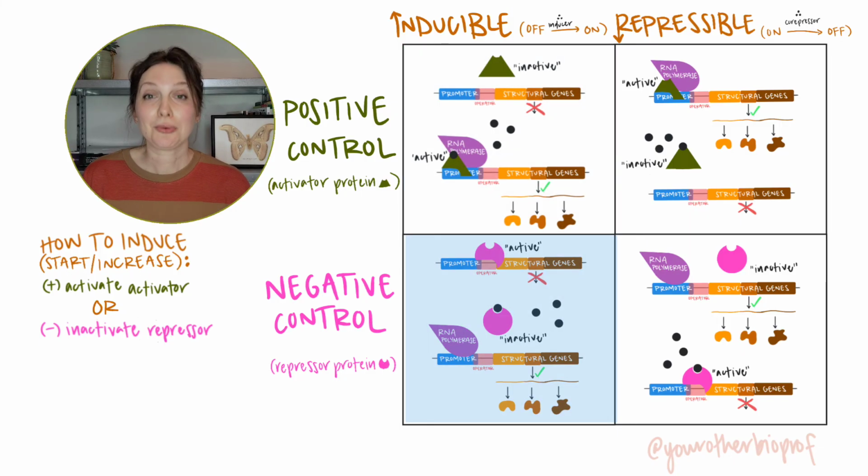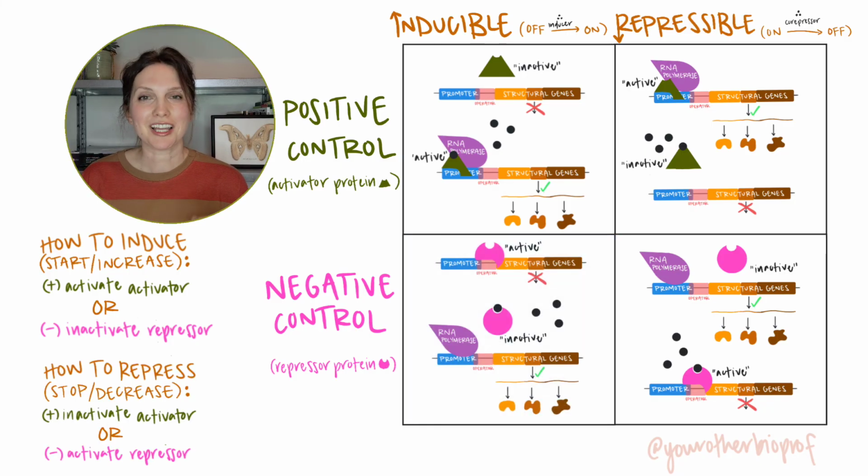Both of those cases will lead to increased transcription. And co-repressor will hinder transcription in repressible systems by either inactivating activators in positive repressible operons or by activating repressors in negative repressible operons, causing transcription to fall.